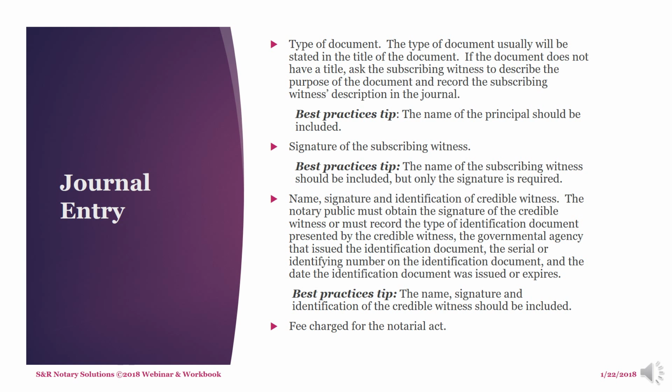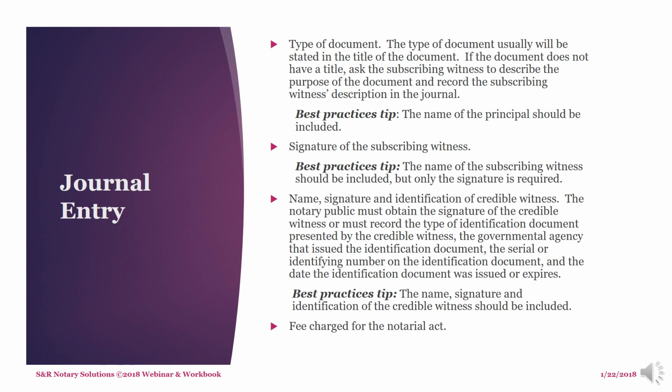The name, signature, and identification of the credible witness. The notary public must obtain the signature of the credible witness or must record the type of identification document presented by the credible witness, the governmental agency that issued the identification document, the serial or identification number of the identification document, and the date the identification document was issued or expires.